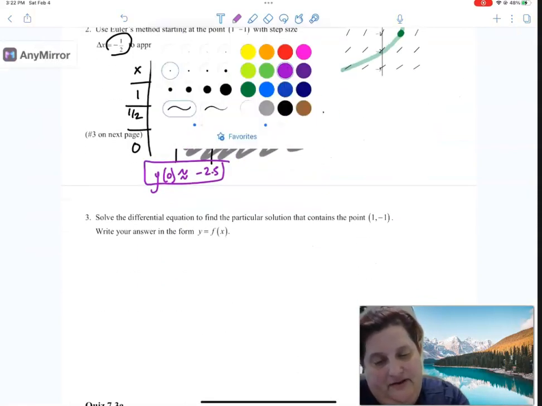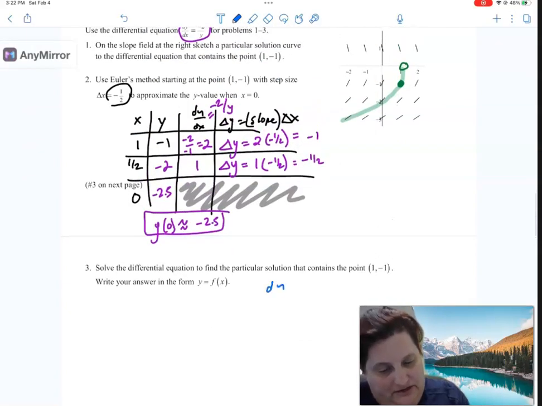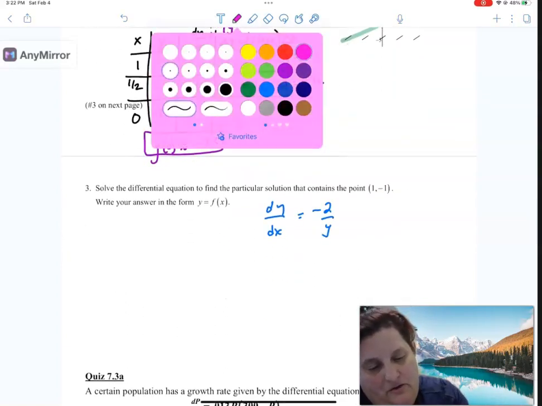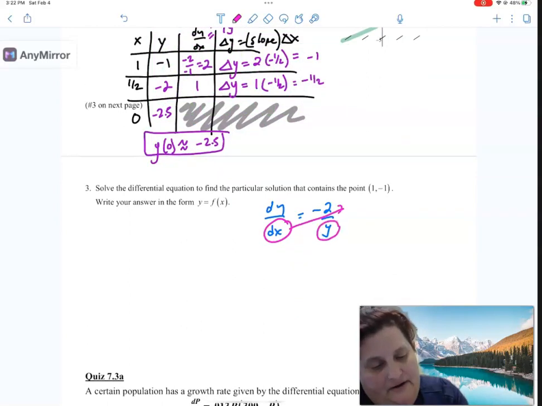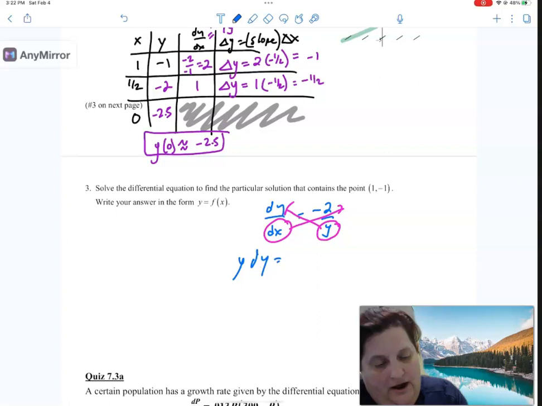Solve the differential to find the particular equation. All right, the differential was dy/dx equals -2 over y. So I'll move that up there, that up there. So I have y dy is -2 dx.